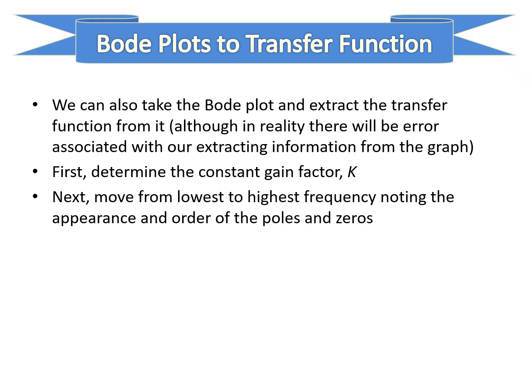Also, in reality there will be error associated with extracting information from the graph. First, determine the constant gain factor K. Next, move from the lowest to the highest frequency, noting the appearance and order of the poles and zeros.